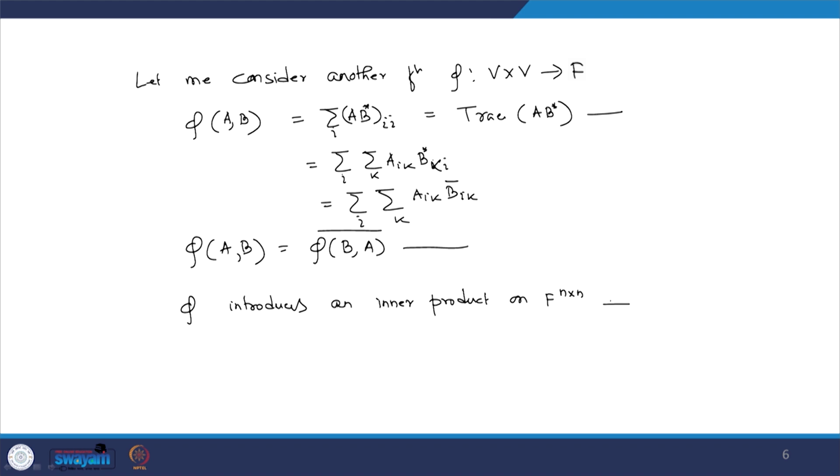So we have taken the space as the space of all n cross n matrices, and we defined some inner products. Now, let me take some more examples on different spaces.